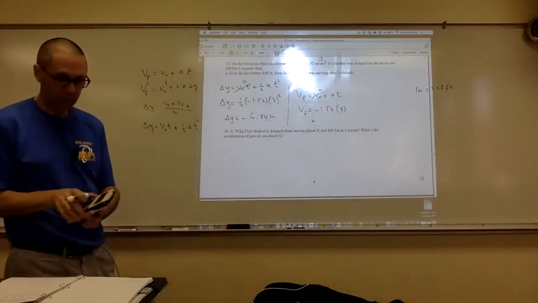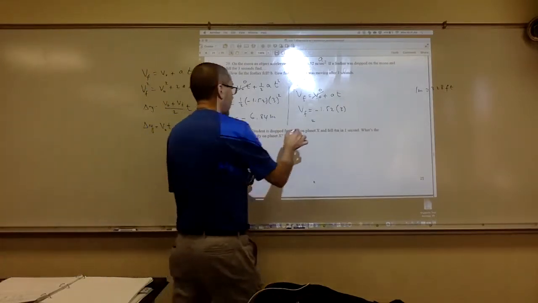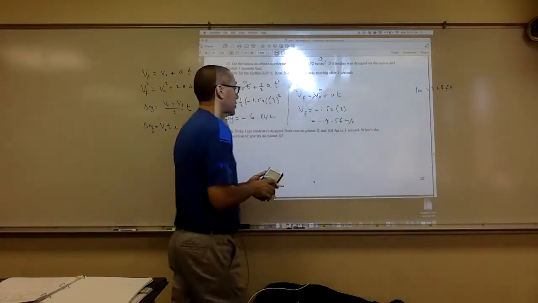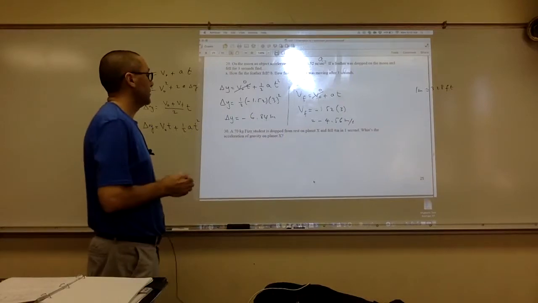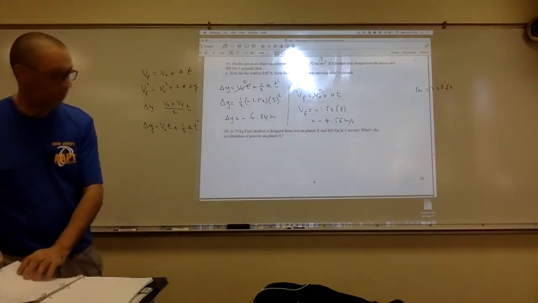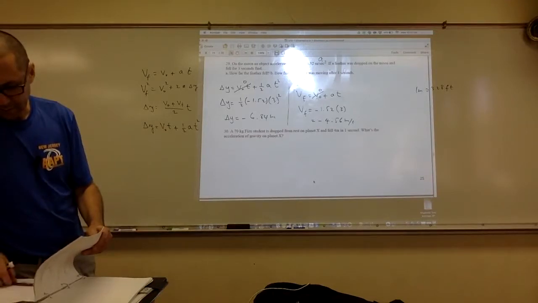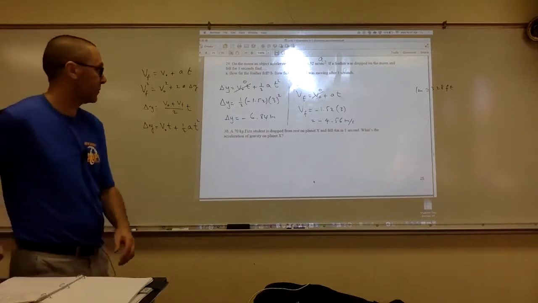So if we do the math here, 1.52 times 3, so it's negative 4.56 meters per second. So in terms of velocity, you keep the negative. It says how fast, drop the negative, and it should be just 4.56 meters per second. And yep, that's what I have here.